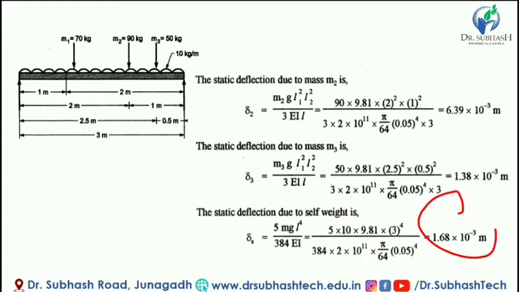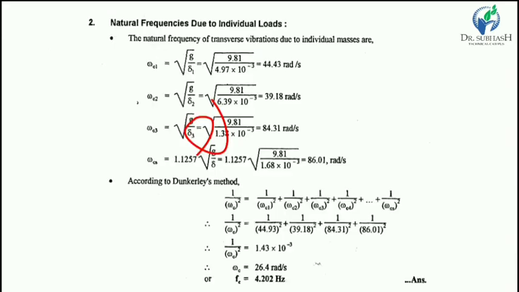Now finally we get the value of delta S, and from that delta we can find the values of omega C1, omega C2, omega C3 and omega CS.